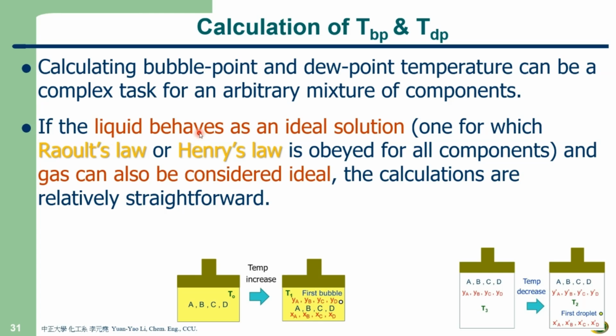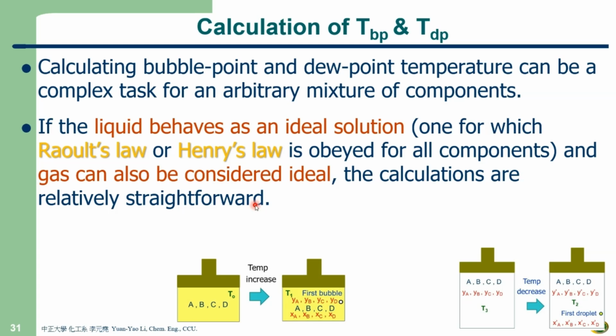So if the liquid behaves as an ideal solution, one for which Raoult's law or Henry's law is obeyed for all the components. For example, H2O uses Raoult's law, CO2 uses Henry's law, oxygen uses Henry's law, CH3OH uses Raoult's law, right? Okay, and the gas can also be considered ideal. The calculations are relatively straightforward.